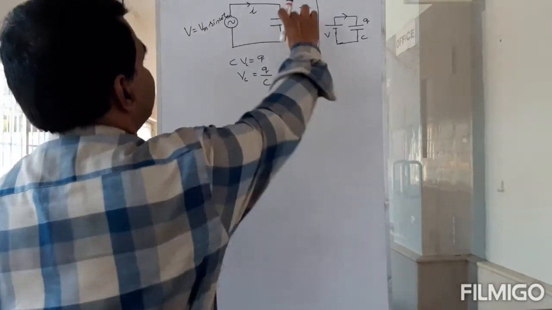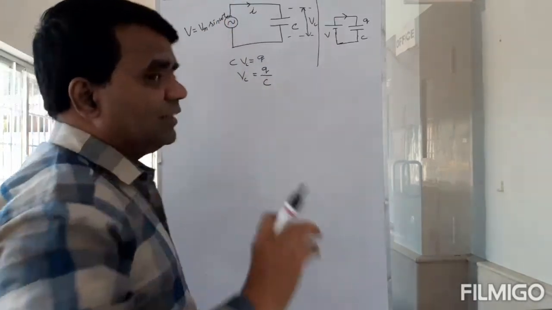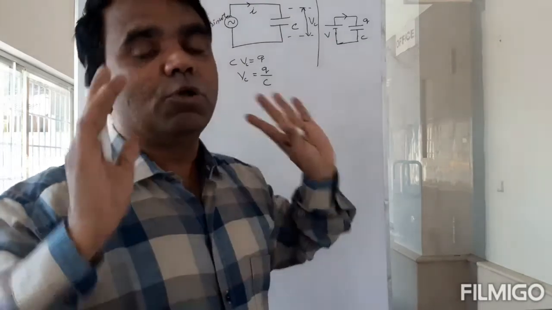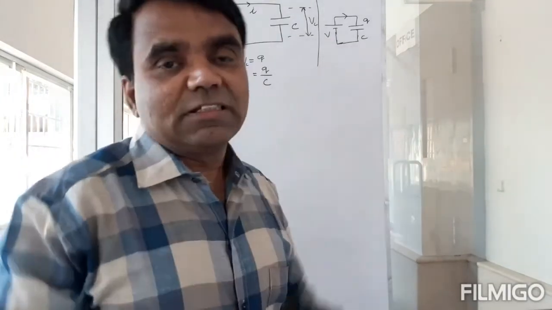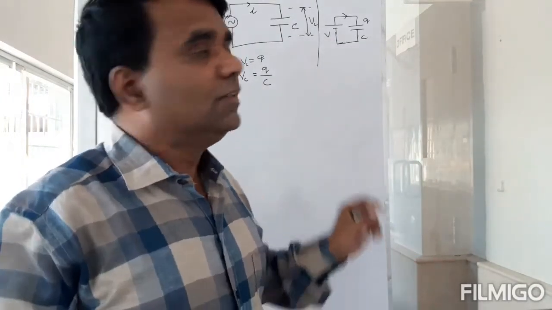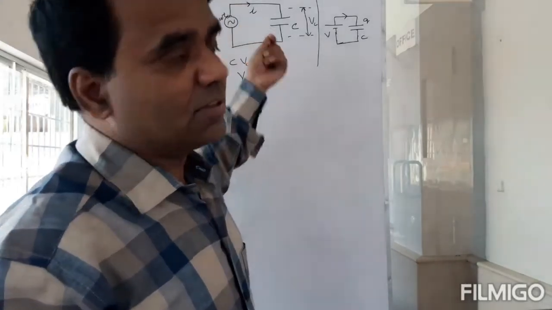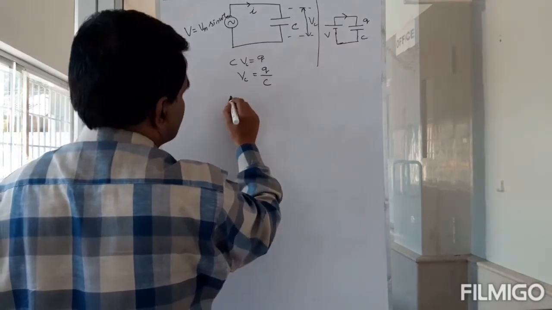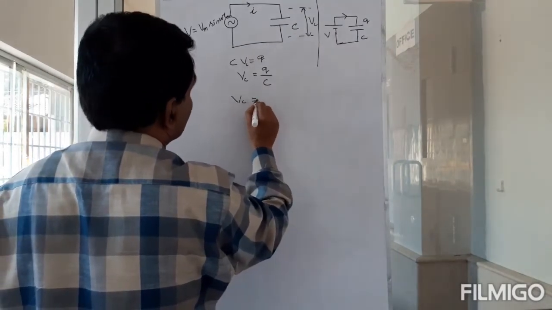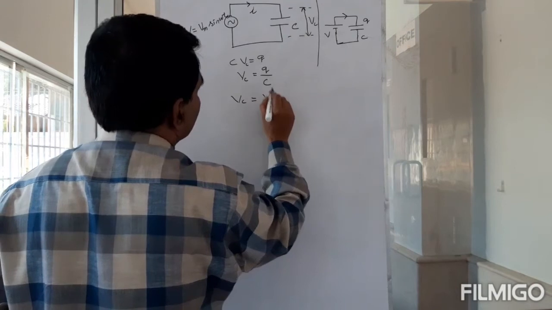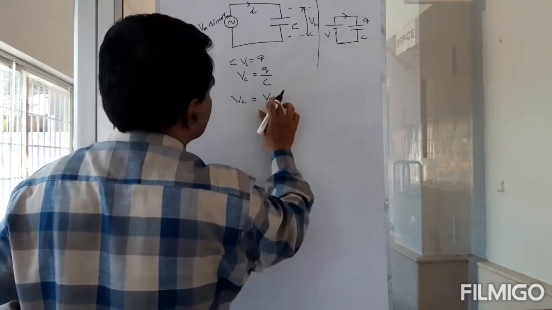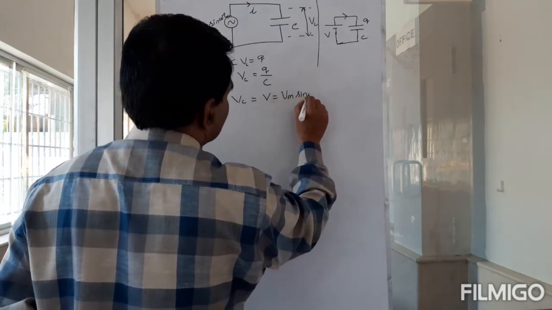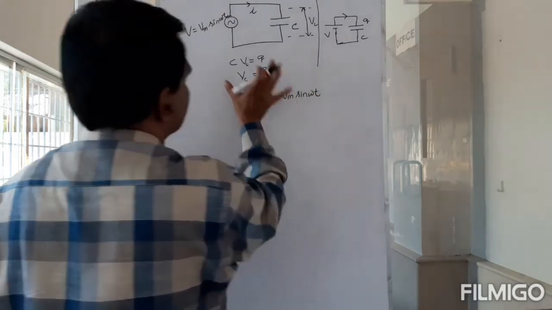You also know that VC must be equal to V all the time, because Kirchhoff's voltage law should be obeyed. Whatever be the circuit and whatever be the time, it should be obeyed at all times. So what you would have here is that your VC will be equal to V, and that is also equal to Vm sine omega t. This should be met all the time.